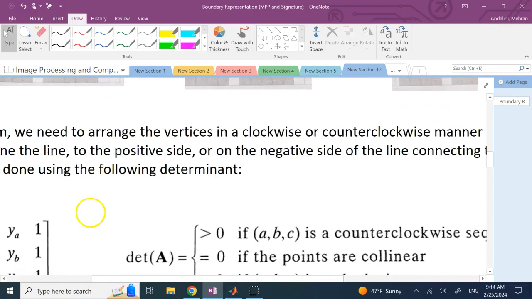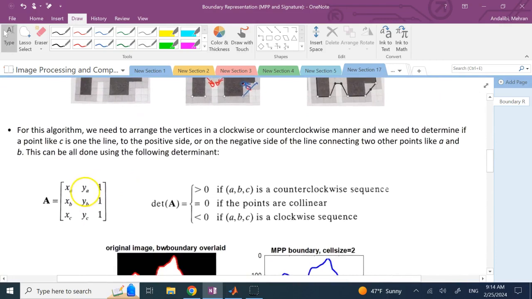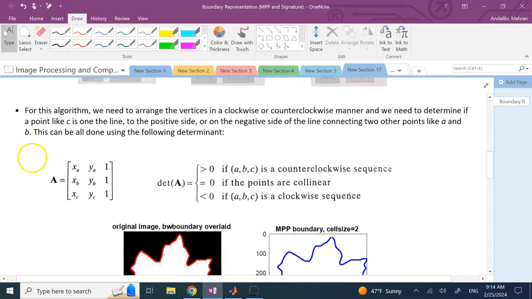So how can I distinguish that mathematically? Because yeah, it's easy to visualize it, but mathematically, the way you do it is using this matrix here. So if I have 3 points A, B, and C, where the coordinates are shown with XA, YA all the way to XC, YC, if I form this 3 by 3 determinant and calculate it, if this determinant is positive, that means it has two meanings.